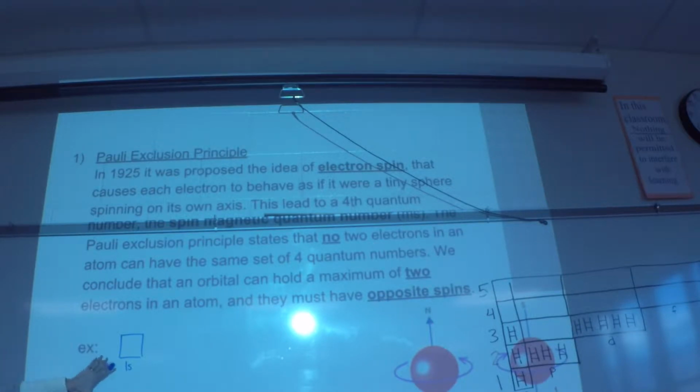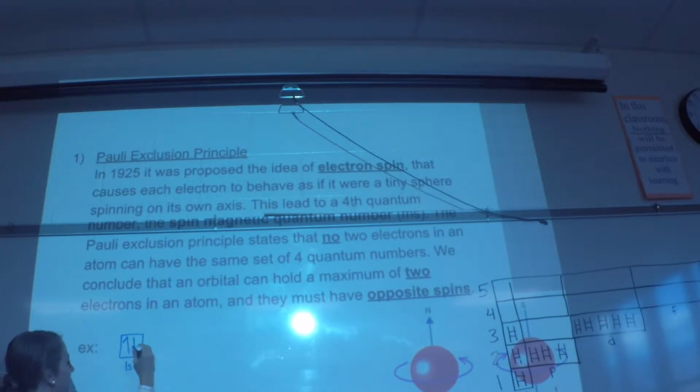Now, the thing about Pauli's rule is when you have 2 electrons in the same orbital, one must spin up, and so we do an up half arrow. When we draw electrons, you do them as these half arrows. If that really bothers you, I don't care if it's a full arrow, but that is typically how it's done.